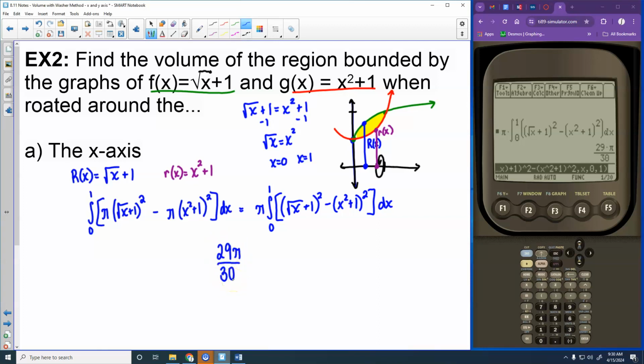And so that is significantly bigger than the 3/10 pi that you got on the last problem. Everybody try it on the calculator. Make sure you can do it on the calculator because getting all those parentheses and squares in the right place is sometimes not as easy as it may look.